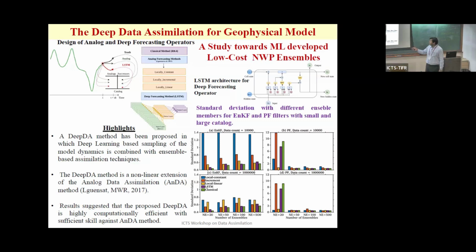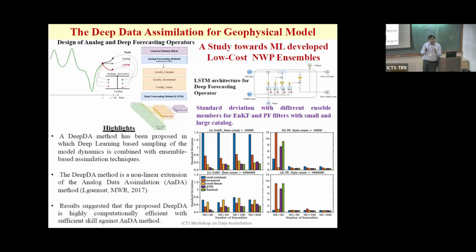He developed the catalog, meaning at time xt, how it is related with xt plus 1. So xt is considered as an analog, and xt plus 1 is considered as a successor. Based on that, he demonstrated three theories: locally constant, locally incremental and locally linear.